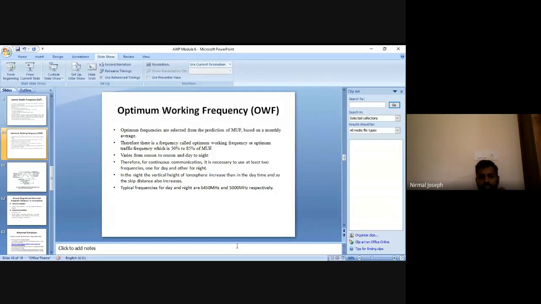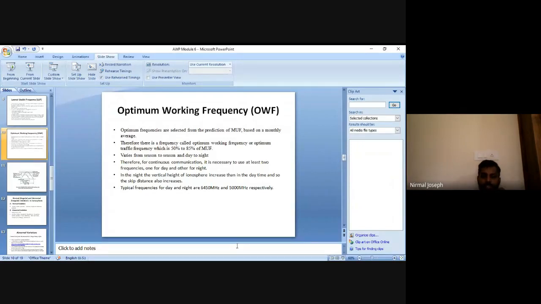Why does it vary from season to season and day to night? Because the structure of the ionosphere, or ionospheric properties, varies from season to season and day to night. So for continuous communication, as we have seen already, the lowest usable frequency will change from day to night, and this optimum working frequency and maximum usable frequency will all change with season and with day and night.